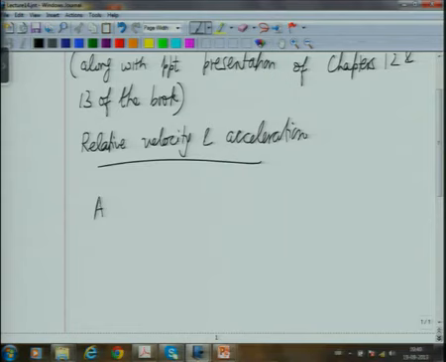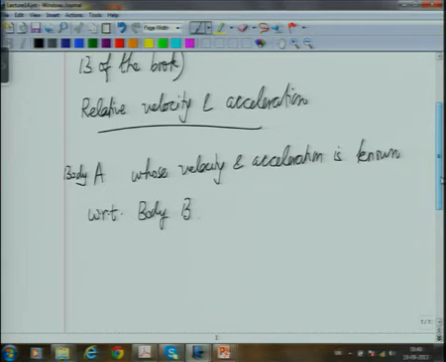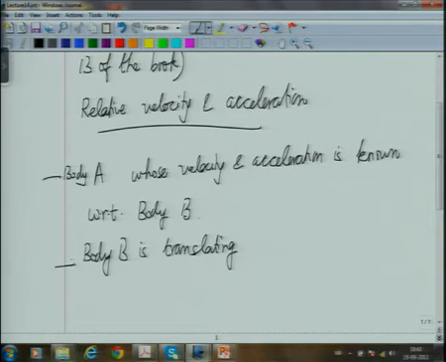Suppose we have a body A whose velocity and acceleration is known with respect to body B. Then, we also assume that the body B is translating. So these are the two assumptions we have.